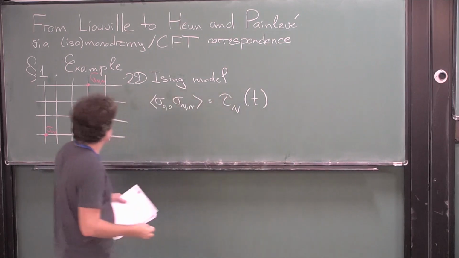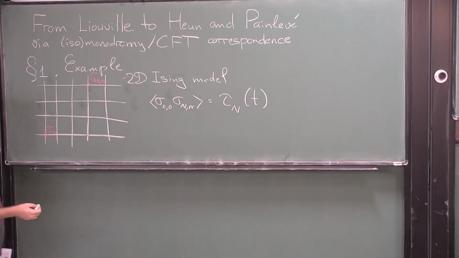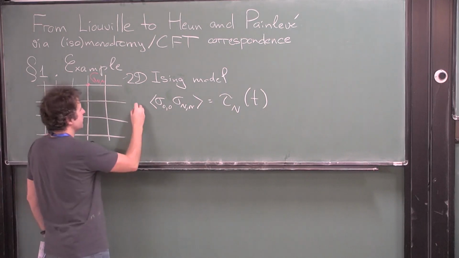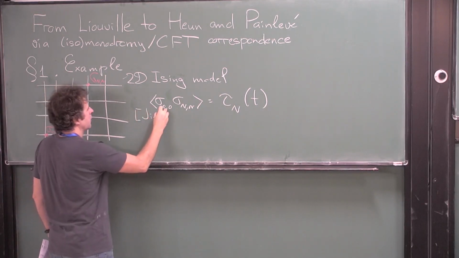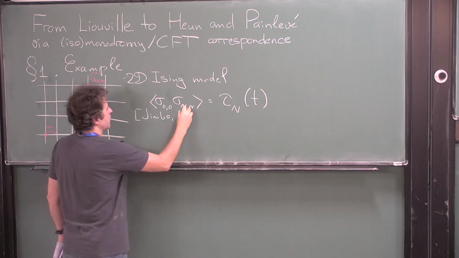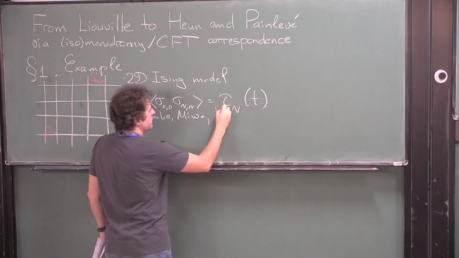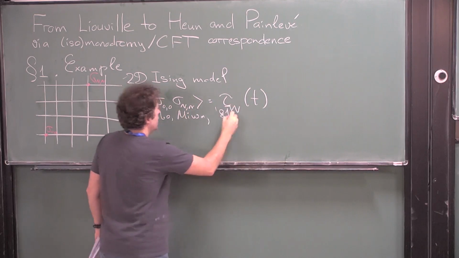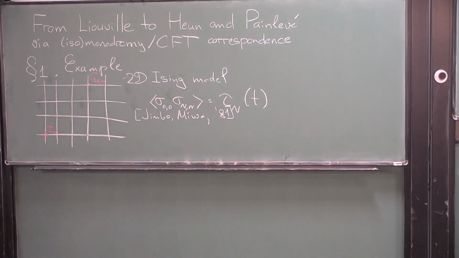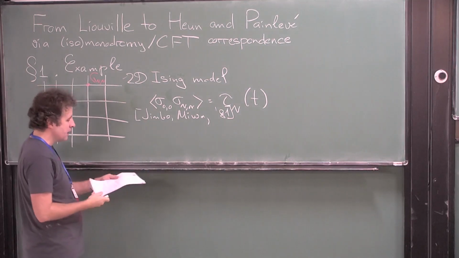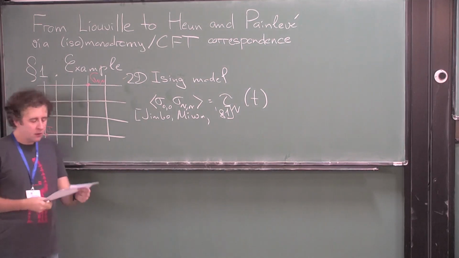And there is a famous result by Jimbo and Miwa from the beginning of the 80s, which says that this two-point correlation function satisfies a particular nonlinear ODE.